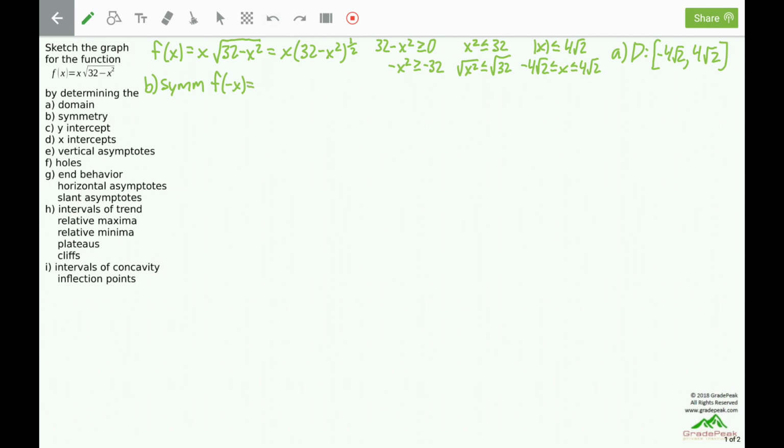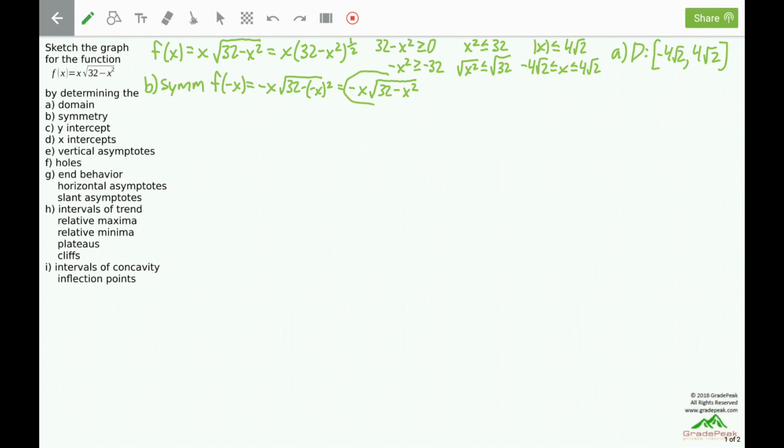F of negative x is negative x times the square root of 32 minus a negative x squared, which is negative x times the square root of 32 minus, a negative squared is positive, x squared.